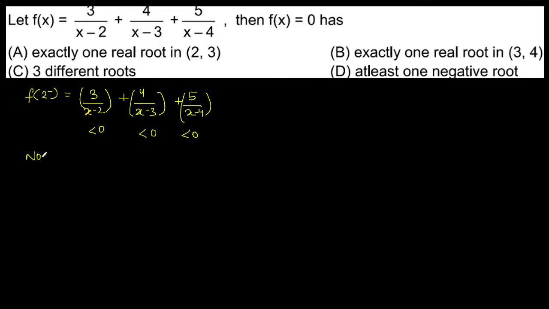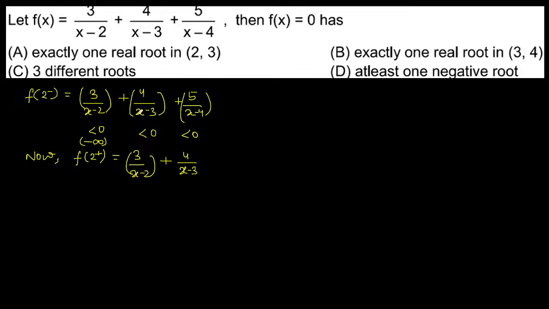Now we take f(2 plus). 3 upon, normally what will happen, 2 minus, it is minus infinity. If you take x to 2 plus, no, because it is negative.